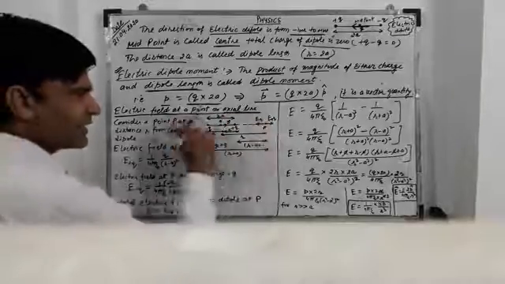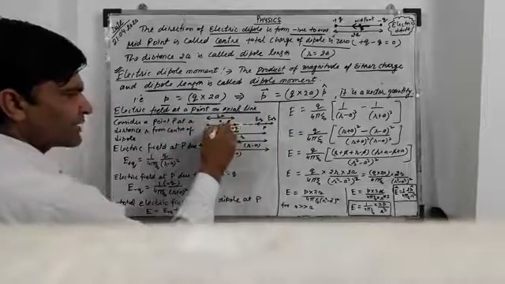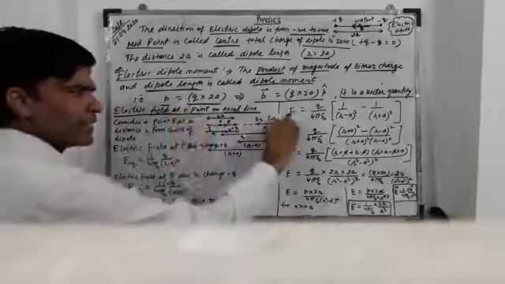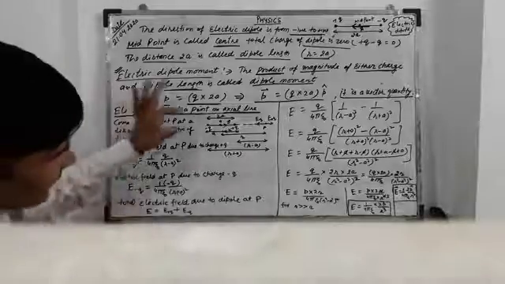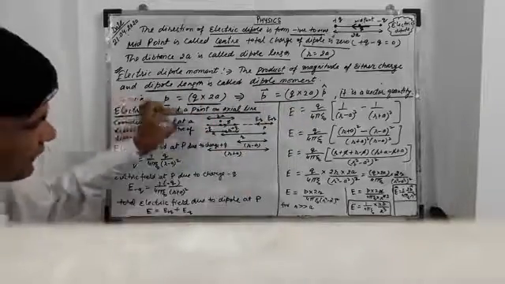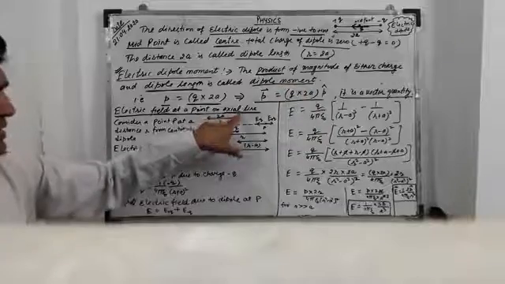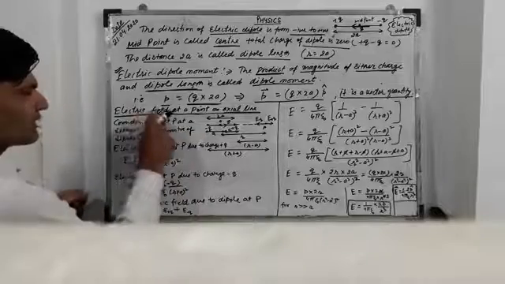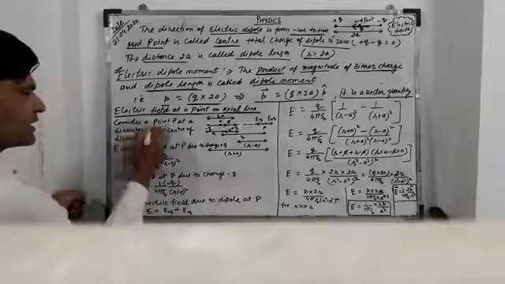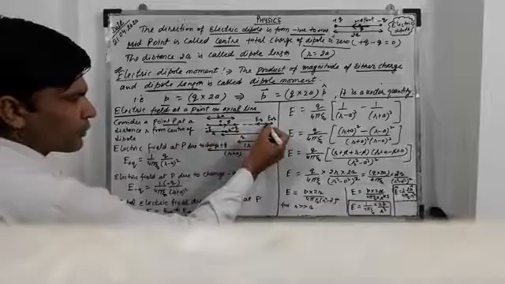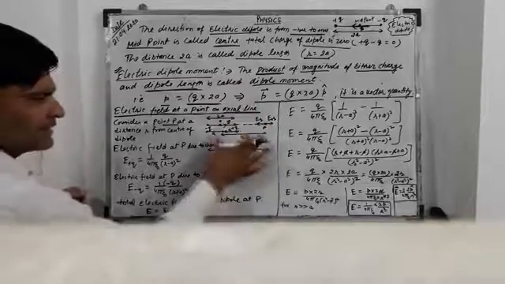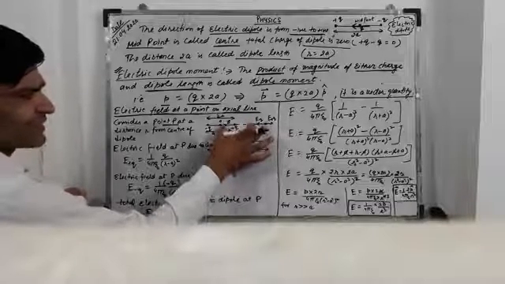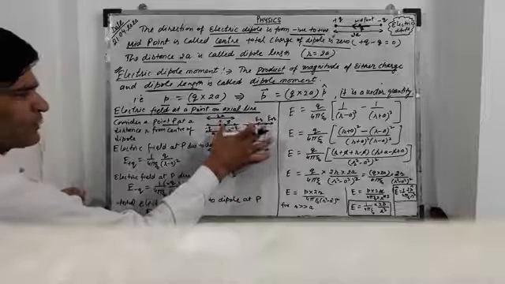The axial line is a line which passes through the center in the plane of the dipole. So to calculate the electric field, consider a point P at a distance r from the center of the dipole.